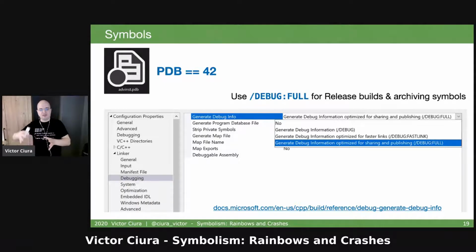Basically, it's like an incremental PDB file that is produced, and it's meant mainly for debug cycles. But you need to make sure that you build with full debug capability, basically the legacy PDB. I wouldn't say legacy, but basically the traditional PDB full format.